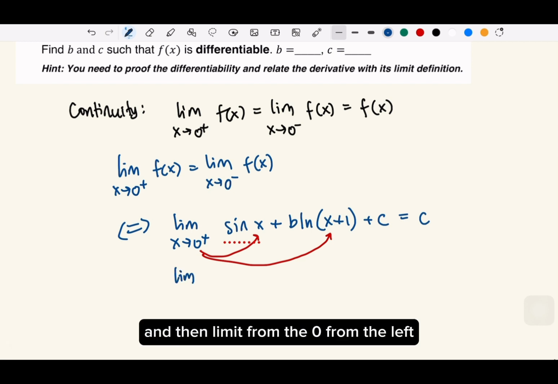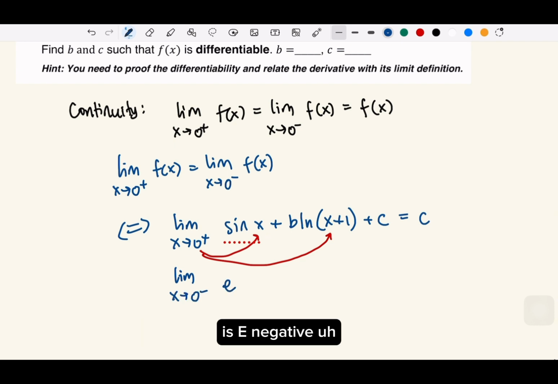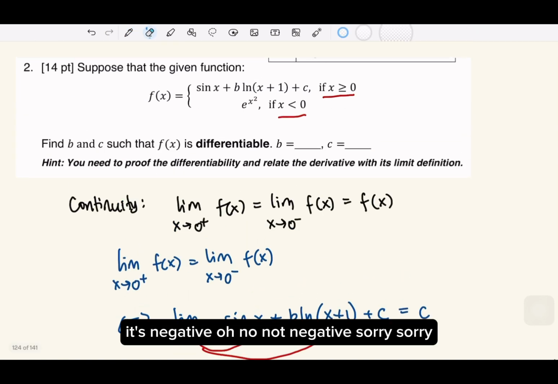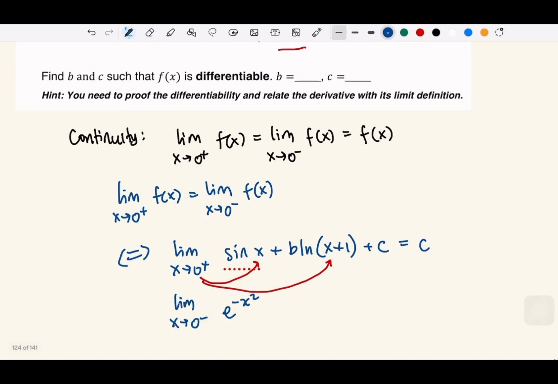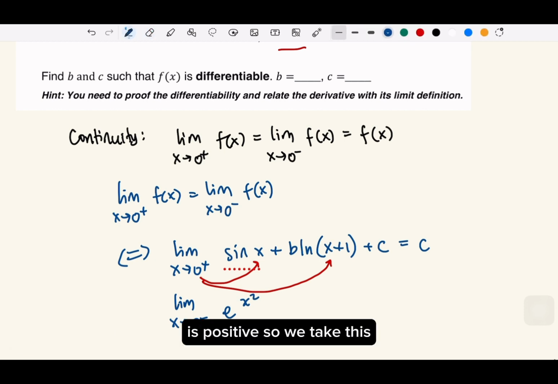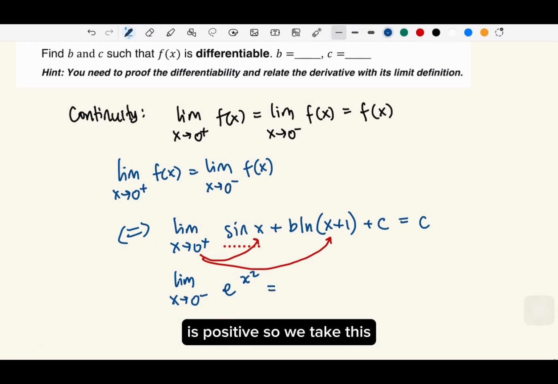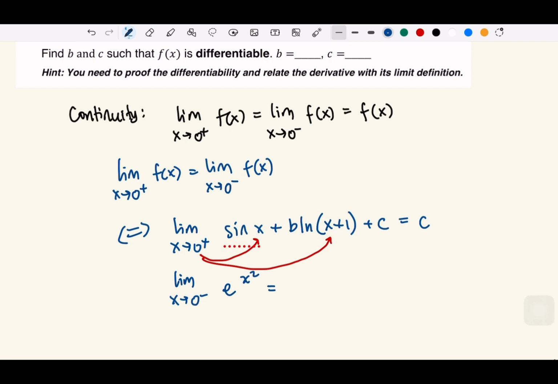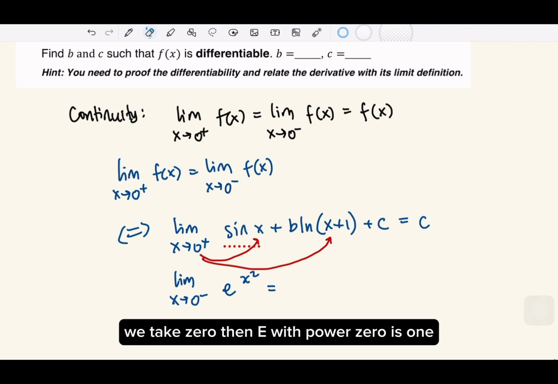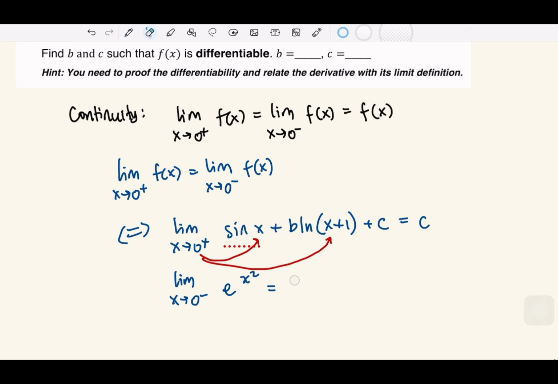And then the limit from the left at 0 is e to the positive, so we take 0, then e with power of 0 is 1.